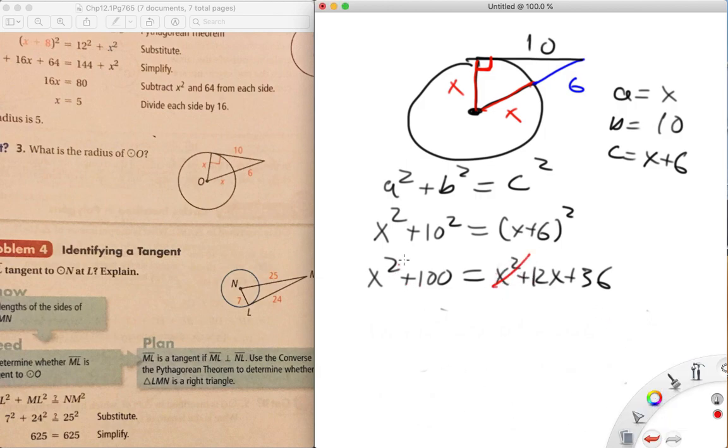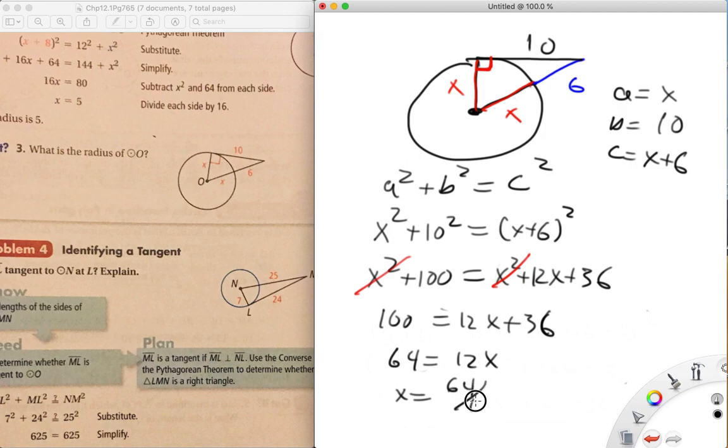Alright, these guys cancel. So I'm left with 100 equals 12x plus 36. I'm going to subtract 36 from both sides. That gives me 64. 64 equals 12x. And then I can divide both sides by 12. X equals 64 over 12, and that simplifies to 16 over 3.